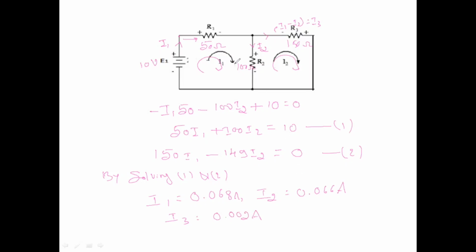Okay, so this is I1, I2, and I3. Apply the Kirchhoff law for this. These values you can update in the tabular column for theoretical calculations, as it's already given in the manual.